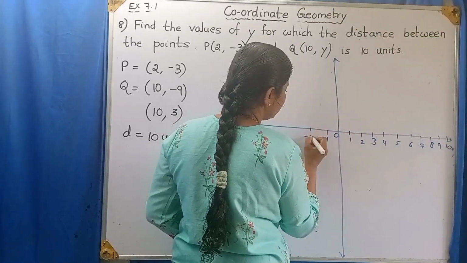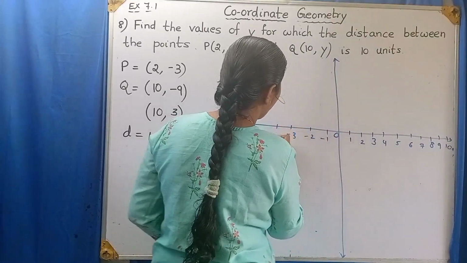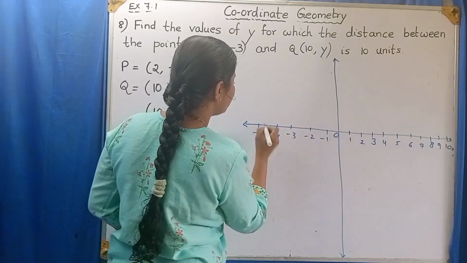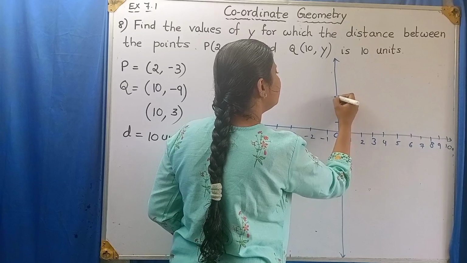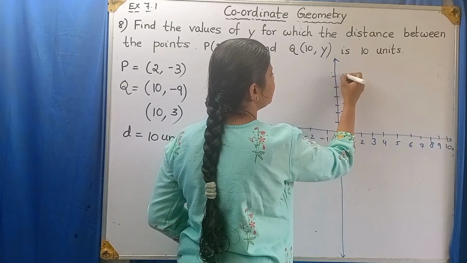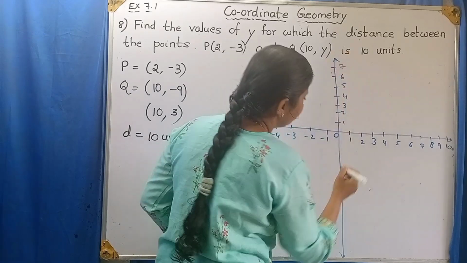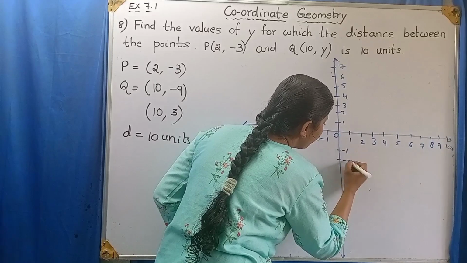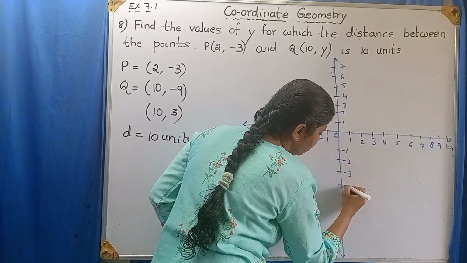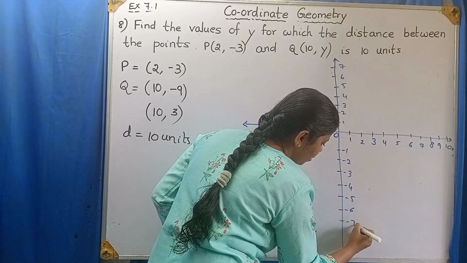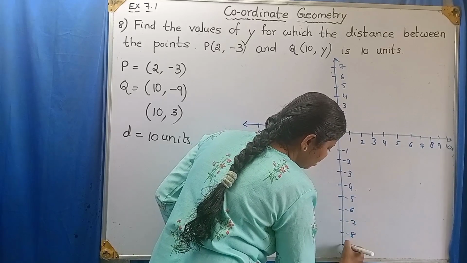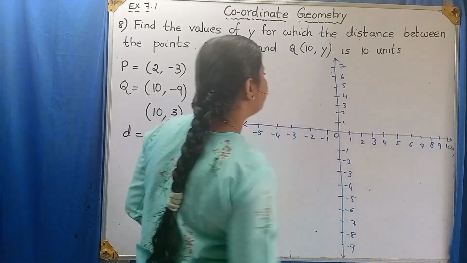Minus 1, minus 2, minus 3, minus 4, minus 5 and so on. On the y-axis, 1, 2, 3, 4, 5, 6, 7, and minus 1, minus 2, minus 3, minus 4, minus 5, minus 6, minus 7, minus 8, minus 9.